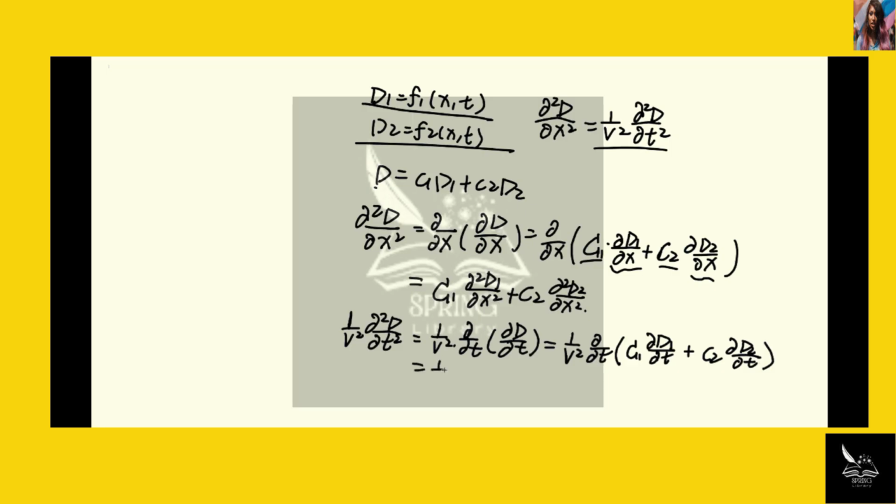And again, because c1 and c2 are constants, we can take the derivative of d1 and d2. So they become second derivatives.